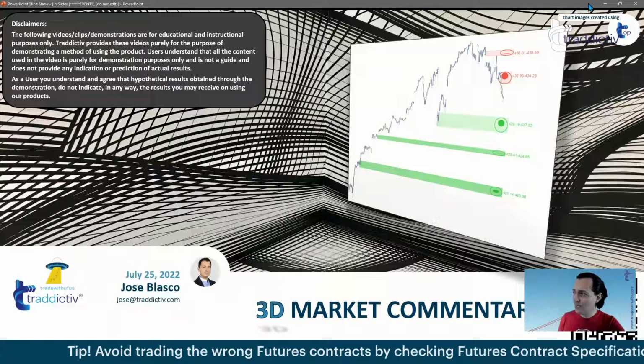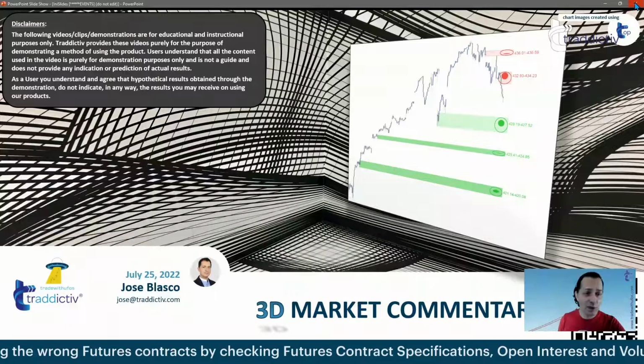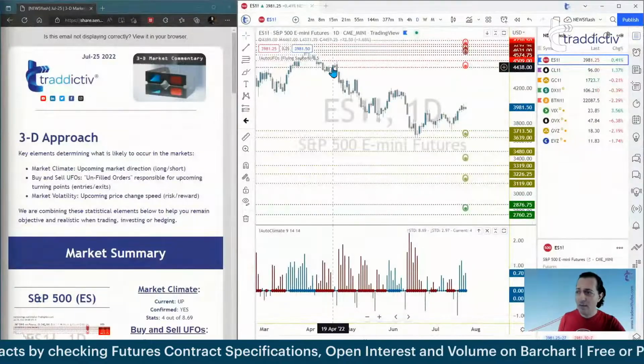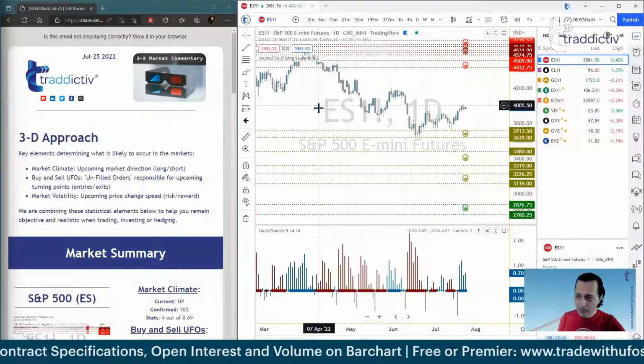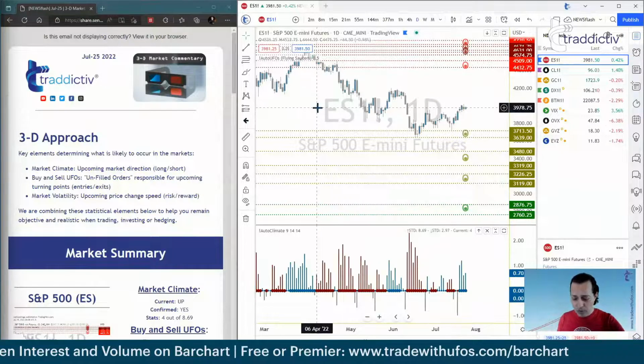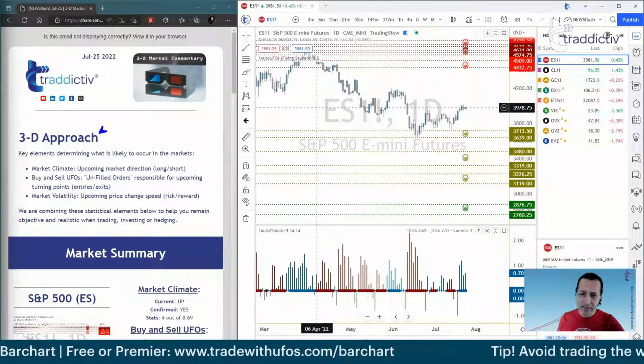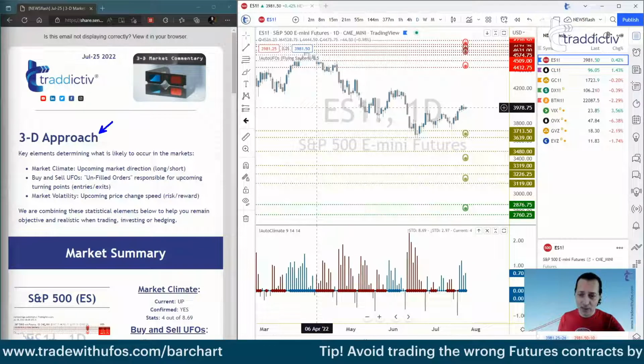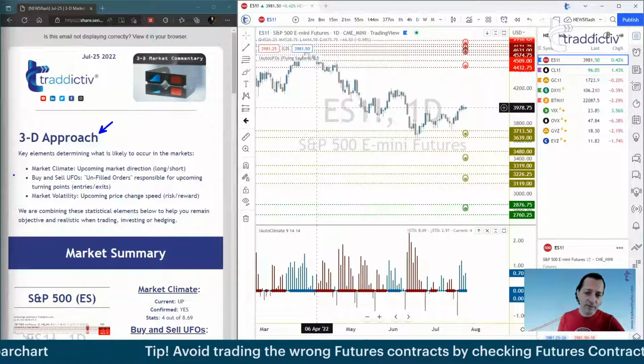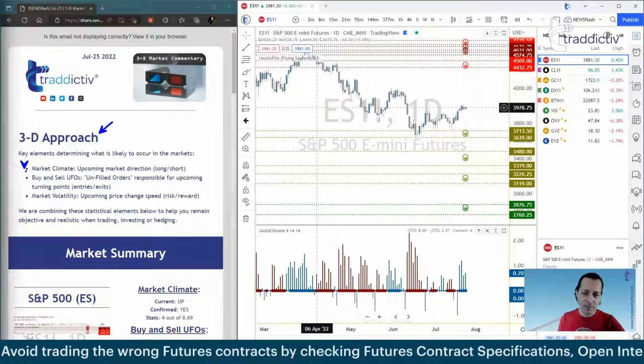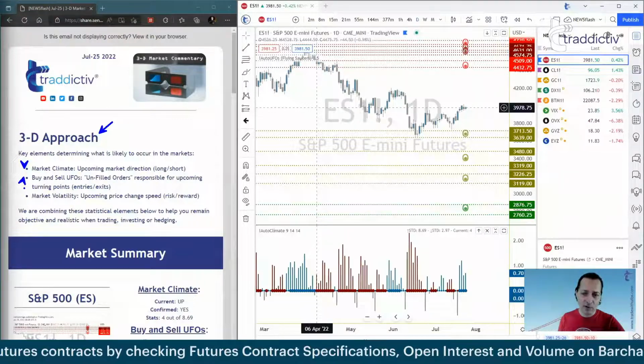Okay, ready to begin. Let's jump into the real-time charts and begin our 3D market commentary. For those of you who are new to the sessions, we're going to be looking at a three-dimensional approach to understanding the markets. That means we're going to look at 3 very important components: the market climate, the UFOs, and the volatilities.